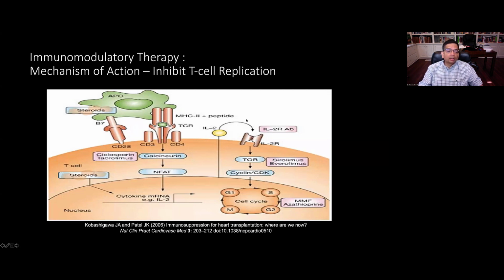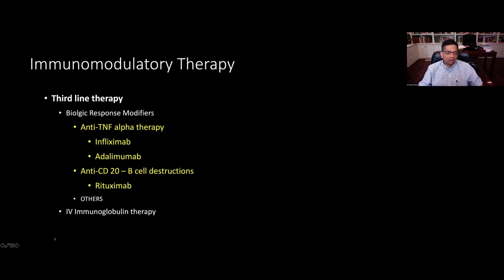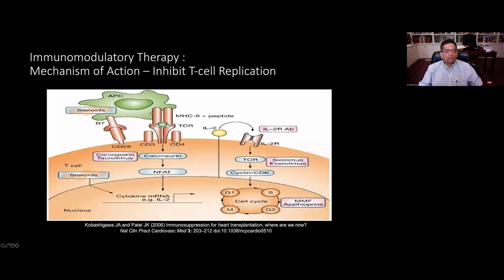So we have these agents. The steroids work at the level of the antigen presenting cell, as well as at the cell nuclear level in terms of transcription, translation. Cyclosporin and tacrolimus are calcineurin inhibitors that subsequently can affect replication, DNA replication, and transcription and translation.